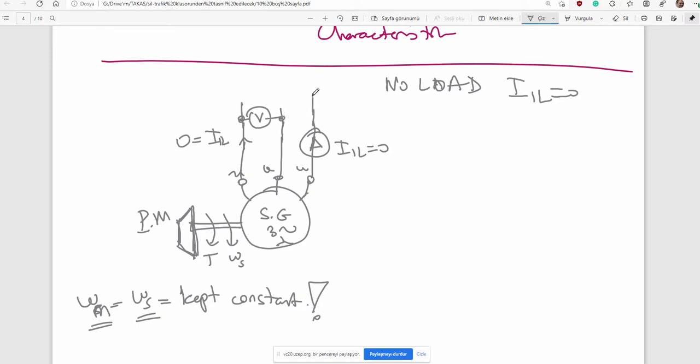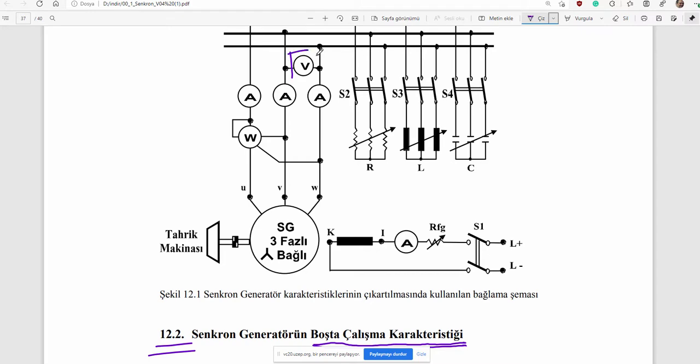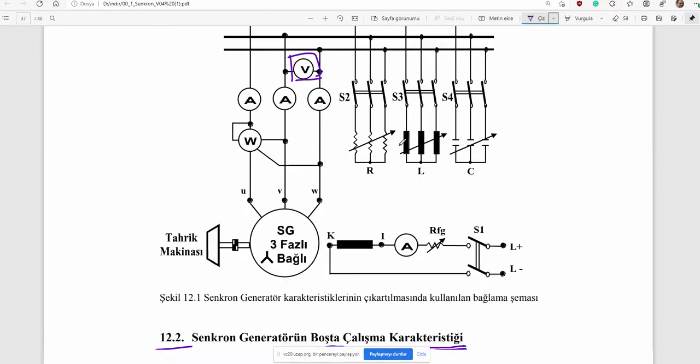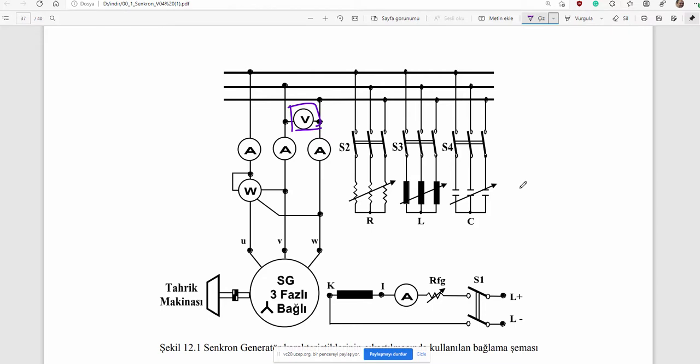There is symmetry between the phases, so there is no need to install more than one; one is enough. That is a general connection diagram to conduct multiple tests, for example the terminal characteristic, the compensation characteristic, which we will talk about later, and then the no load test. All those tests can be conducted with such a setup.